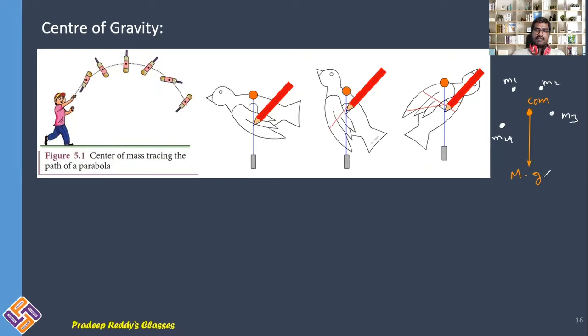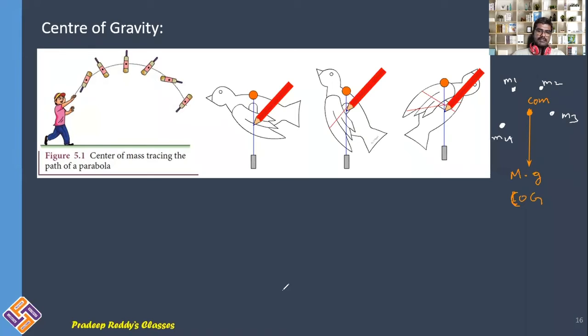That mass multiplied with acceleration due to gravity is simply called center of gravity. Normally, if individual masses are pulled towards the earth, we call it gravity. But if the gravitational force is acting at the position where the center of mass is lying, that is said to be the center of gravity.